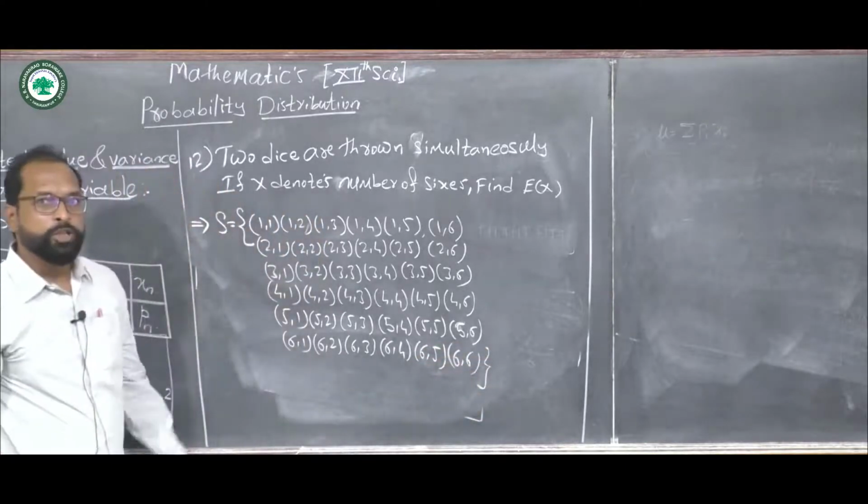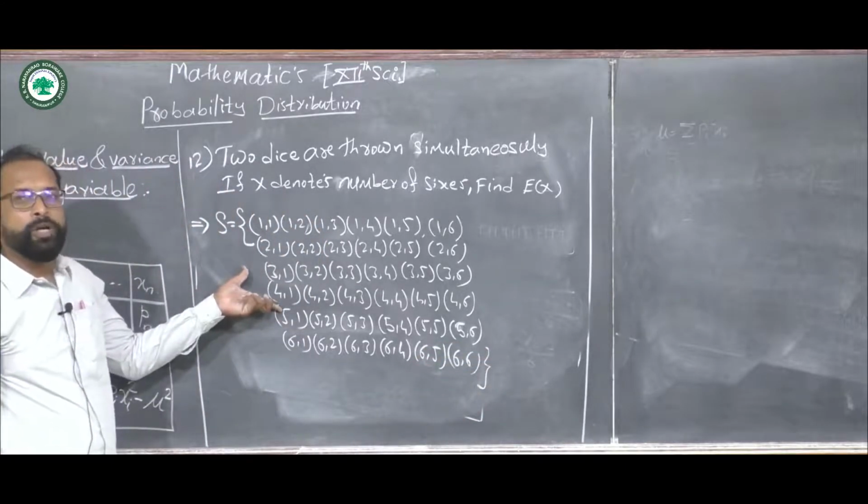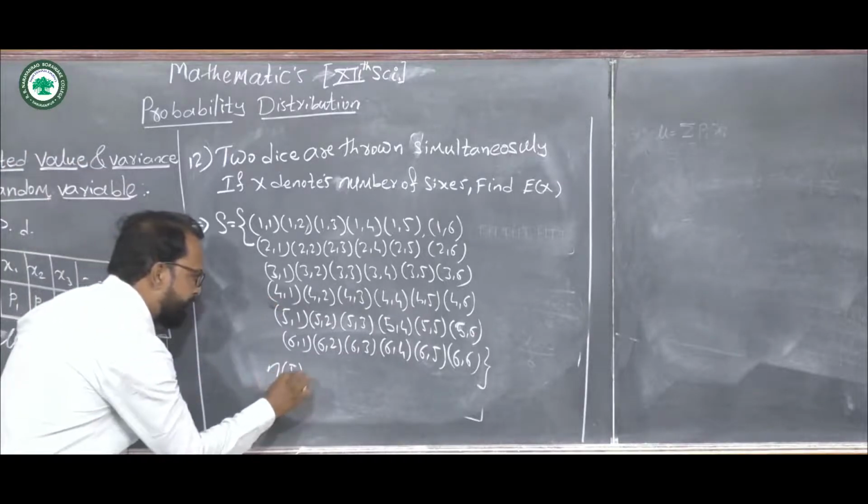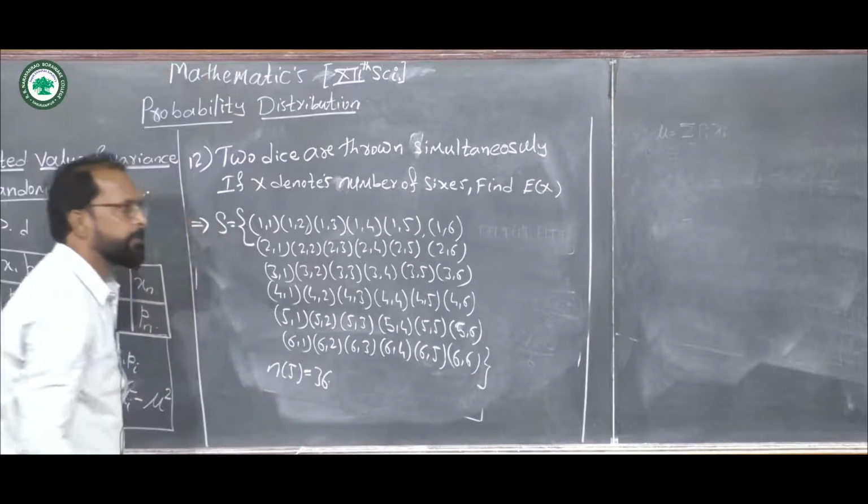These are the 36 outcomes when we toss the 2 dice. So here n of s equals 36.